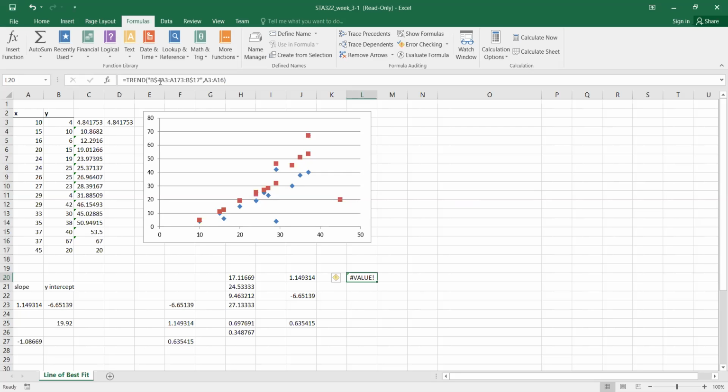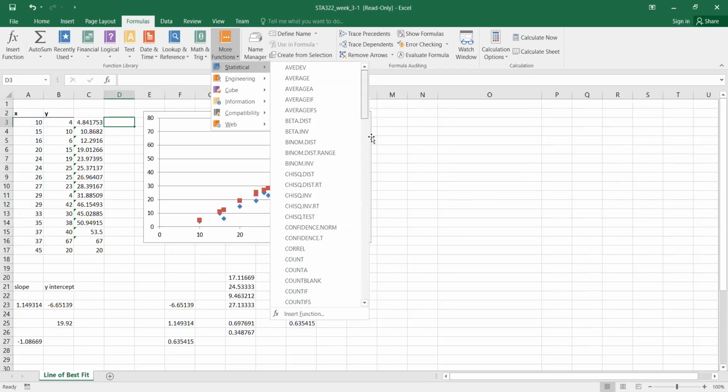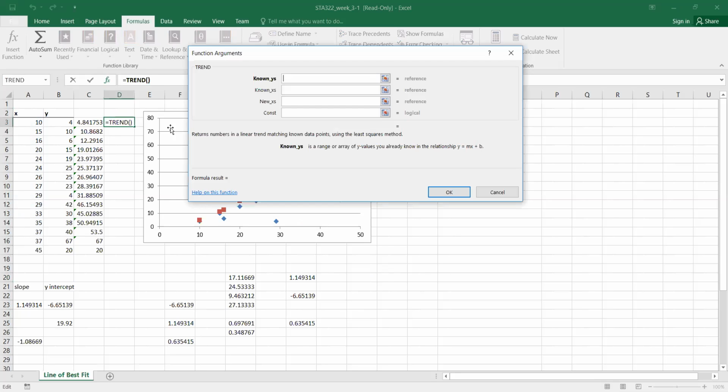This I don't understand. What's this coming from? All right, let's get rid of this and try it again. And in fact, we'll do it over here. Okay, so the known y's, whoops, wrong range. And the known x's.